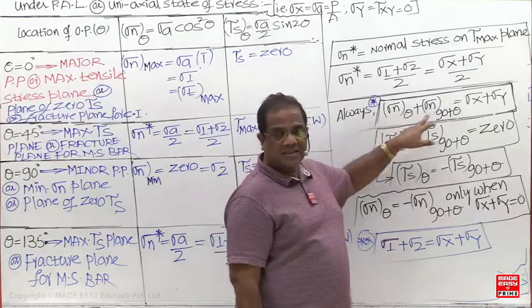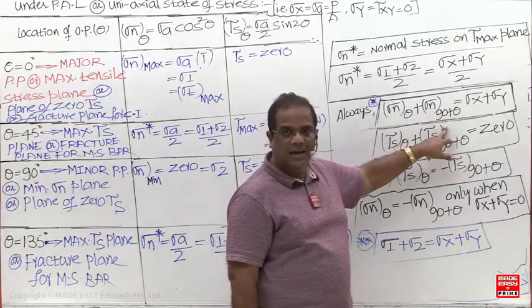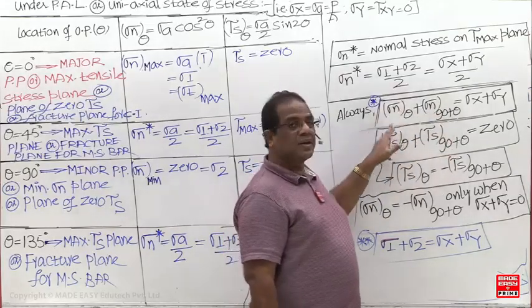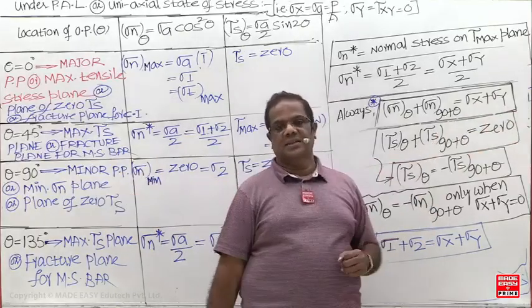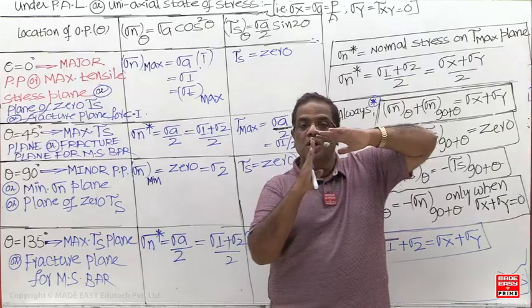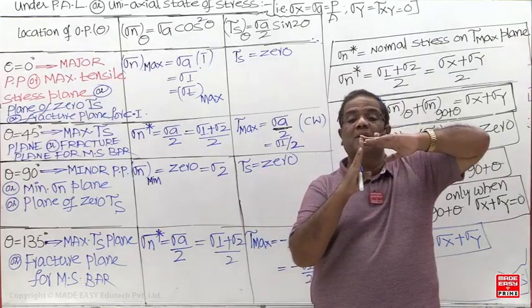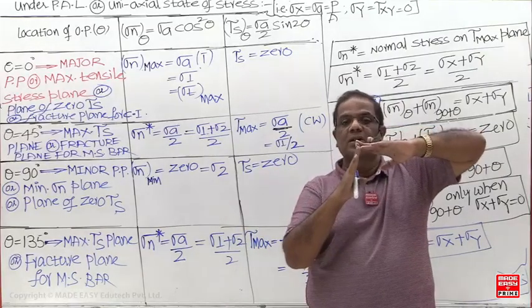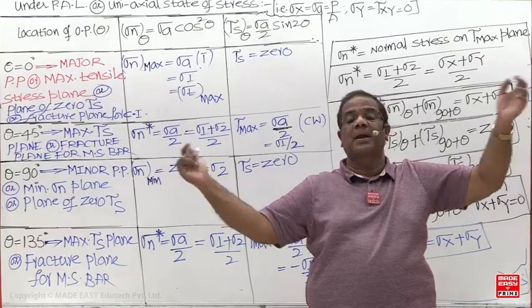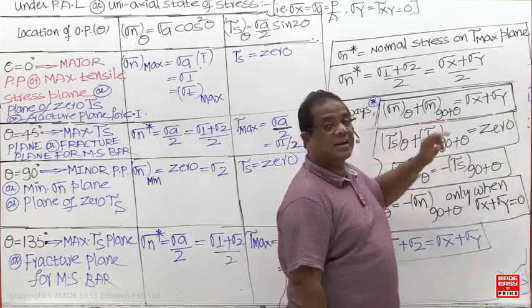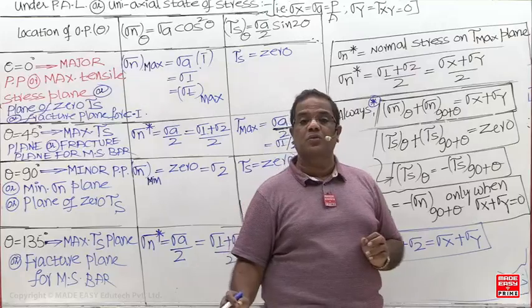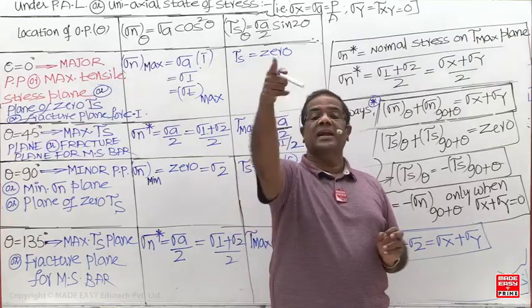Sum of the normal stresses on two mutually perpendicular planes, or in place of this, what you can call it now? Sum of the complementary normal stresses. Already mentioned, two mutually perpendicular planes are called what? Complementary planes. So normal stresses on two complementary planes are called what? Complementary normal stresses. So the sum of the complementary normal stresses is always equal to the sum of the normal stresses on x and y faces.